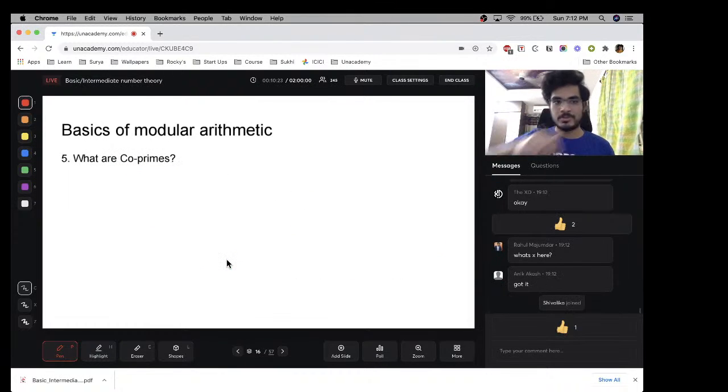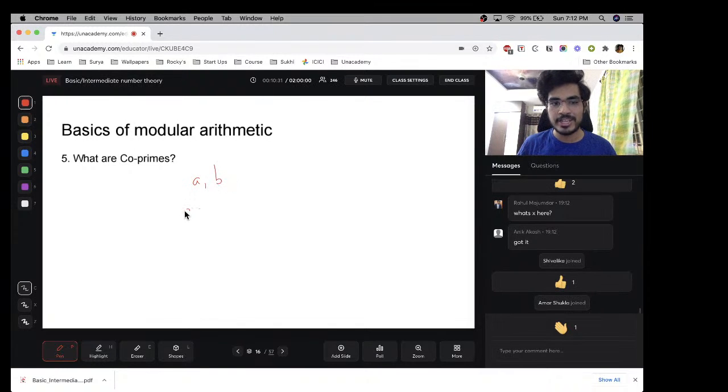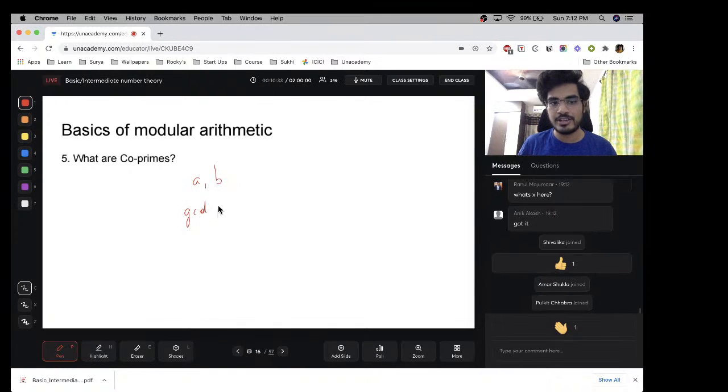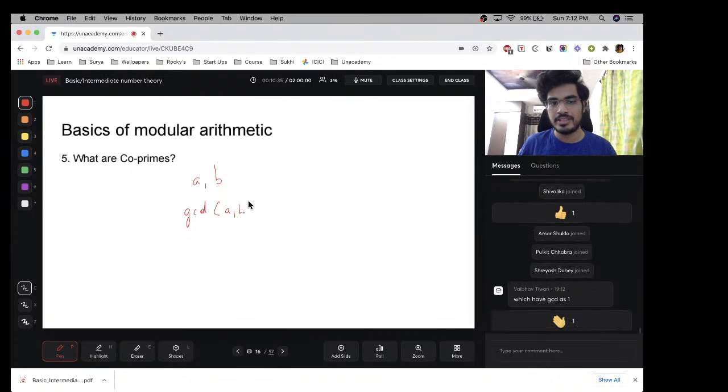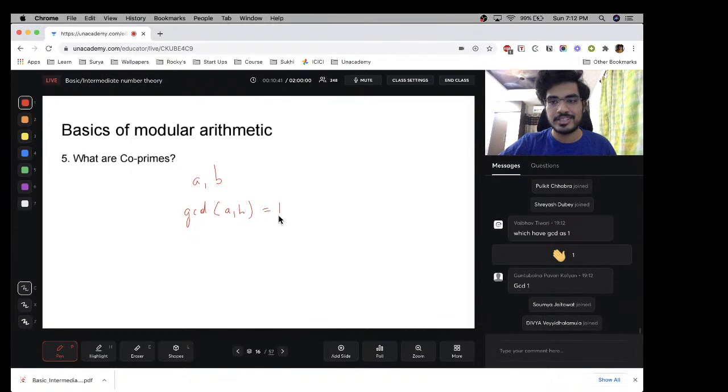Okay, let's go. What are coprimes? You have two integers a and b. Two numbers are called coprimes if GCD of a comma b equals 1. Simple, right? That's it. They are coprimes. Two numbers are coprimes if the GCD of them is 1.